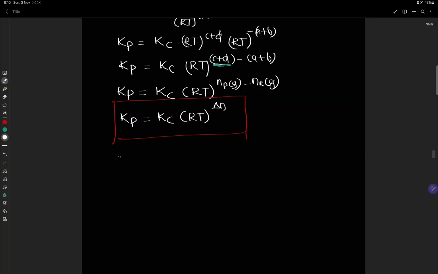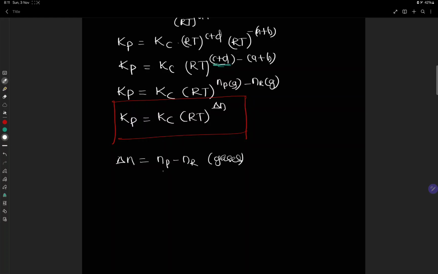Now what is delta N? Delta N is the change in number of moles of gases: number of moles of gaseous products minus number of moles of gaseous reactants, all are gases.